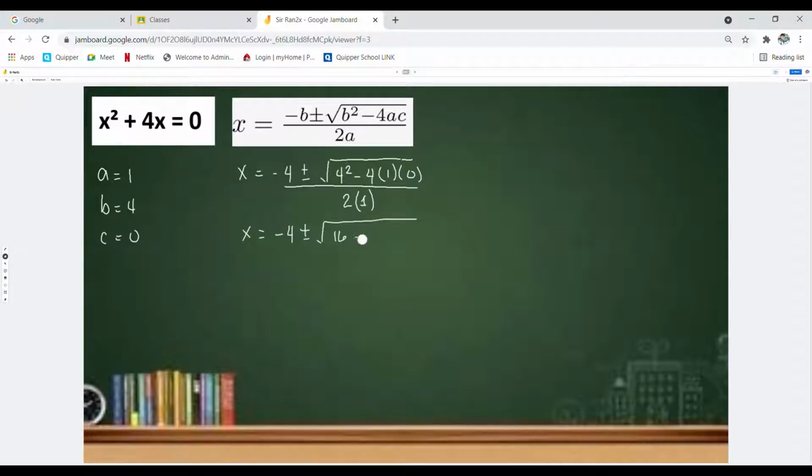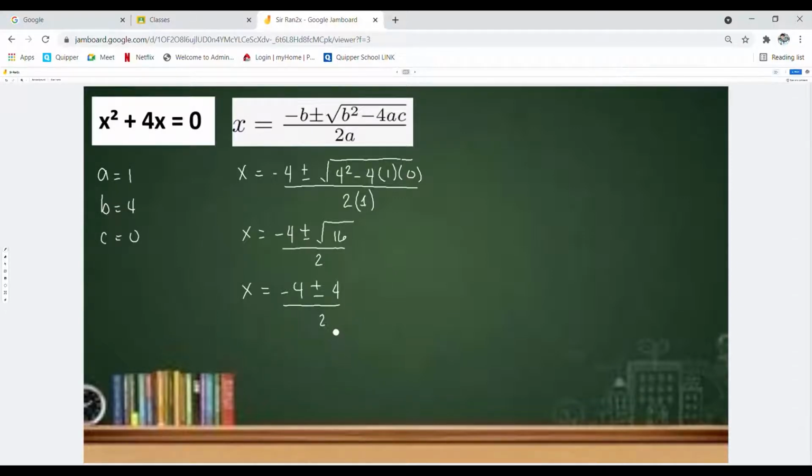The denominator is 2, since 2 times 1 is 2. Further, we extract the square root of 16, which is 4. So x is equal to negative 4 plus minus 4, over 2.